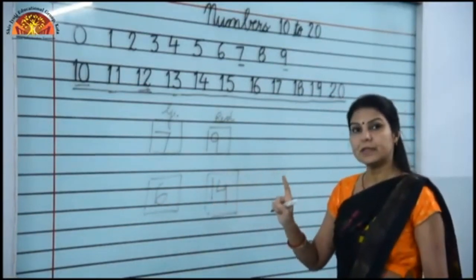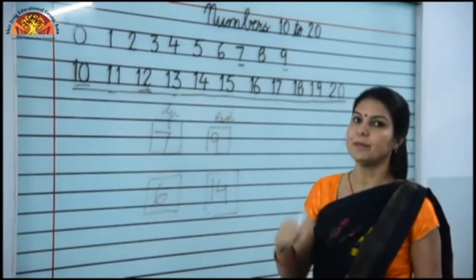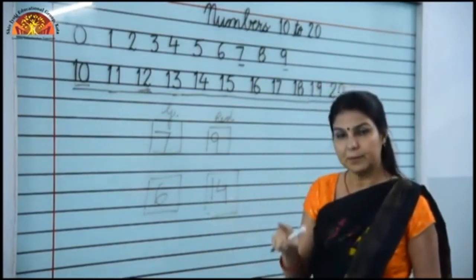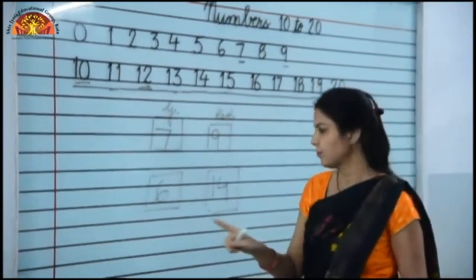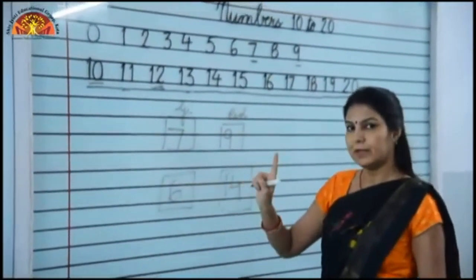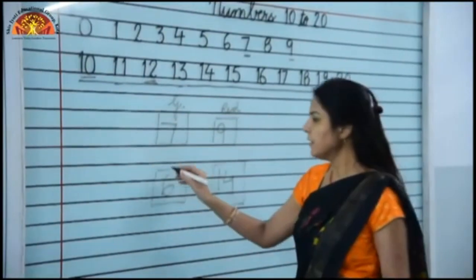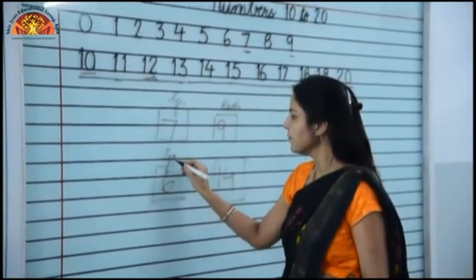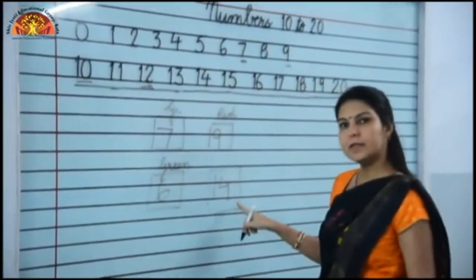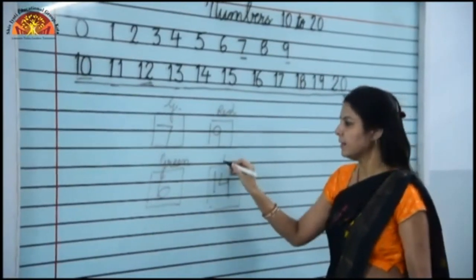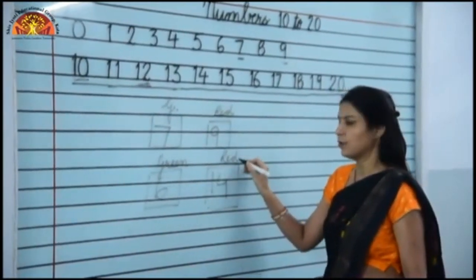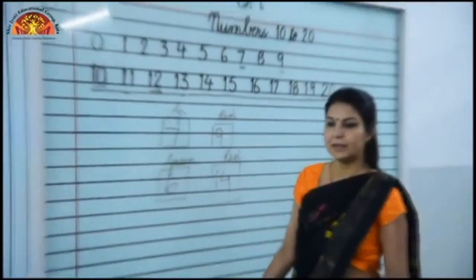The number which is having less digit that will be smaller. जिस नंबर में कम डिजिट्स होती हैं वो नंबर स्मॉलर होता है. इस नंबर में ओनली वन डिजिट है तो इट विल बी स्मॉलर. So you will fill green color in this and 14 is bigger, so you will fill red color inside this box. I hope you have understood.